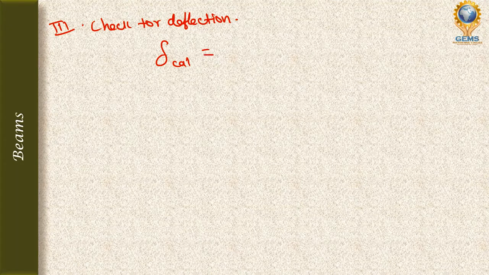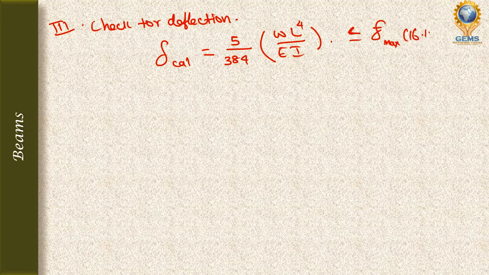For a simply supported beam, the formula is 5 by 384 into WL power 4 by EI. This value should be less than or equal to delta max, which is 16.15 mm. Let us see whether it is lesser or not.